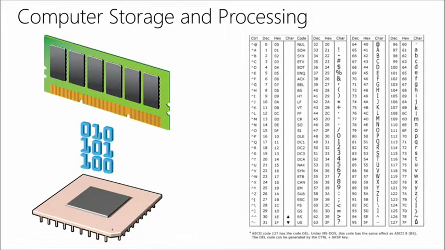We have to have a way of representing those character sets, which are the characters or symbols that make up the words and letters that we use. In order to represent those internally in the computer, a 0 or a 1 isn't sufficient, so we have to represent them with multiples of these zeros and ones.